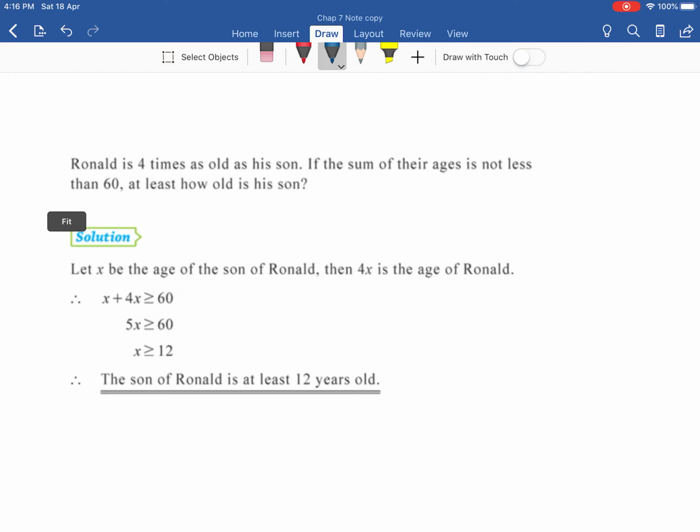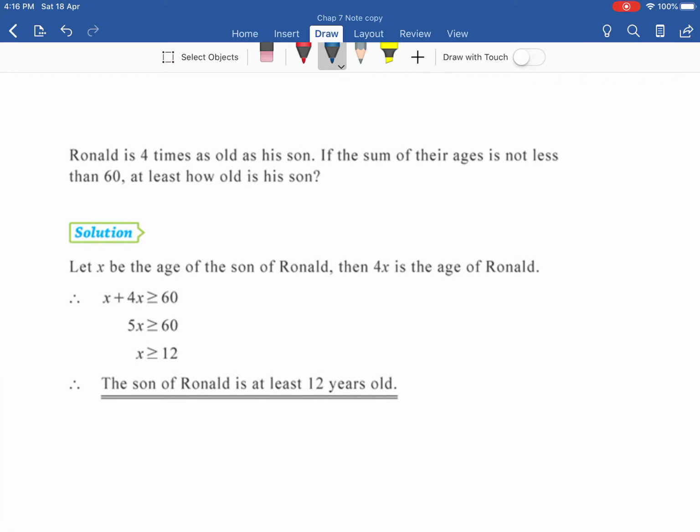And now let's see one more example, a word problem. Ronald is 4 times as old as his son. If the sum of their ages is not less than 60, at least how old is his son? So you let x be the age of the son. Then 4x is the age of Ronald.